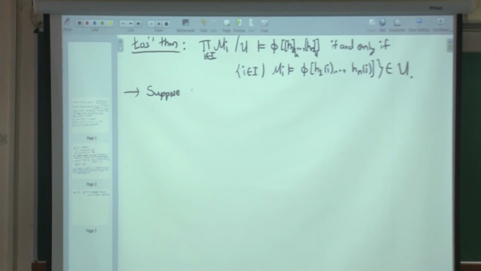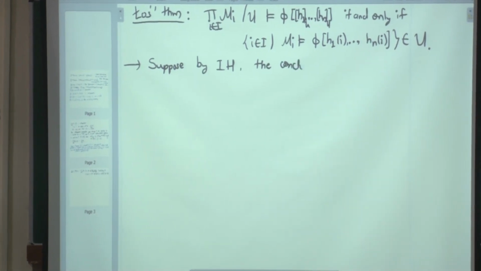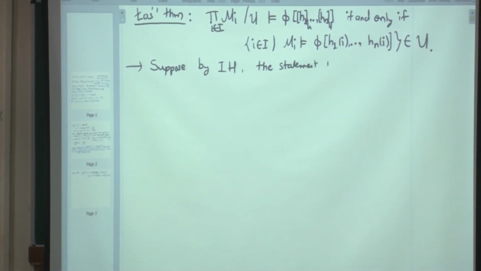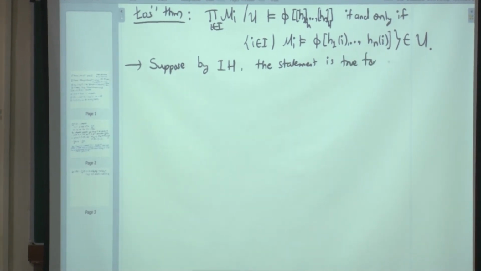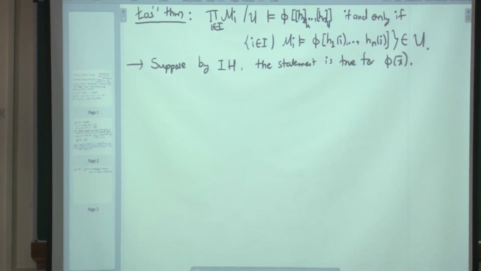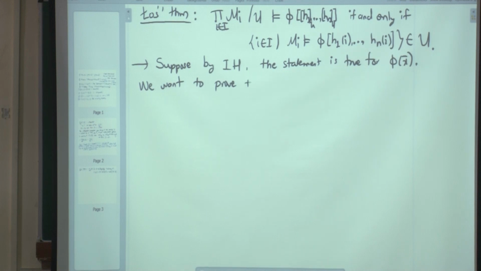So let us say, suppose by induction hypothesis, the statement is true for phi of x bar, and we want to prove the statement for negation phi of x bar.